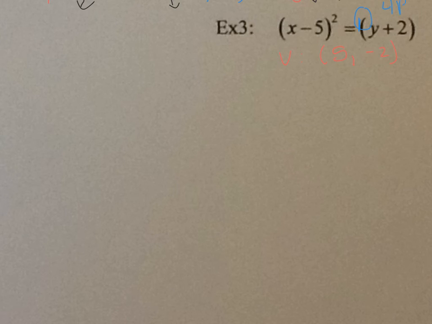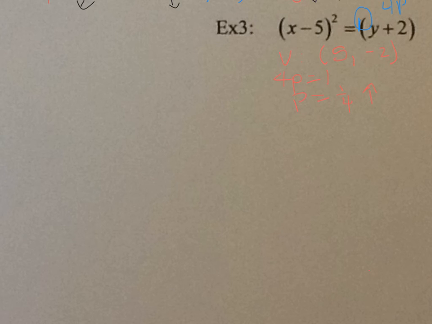So that's 4p. So 4p is equal to 1. So divide both sides by 4, we get p is equal to 1/4. Okay, so this is going to be a little bit trickier because of the fraction. So you want to make sure you give yourself enough room. So since it is positive 1/4, from the vertex to my focus will be up 1/4.